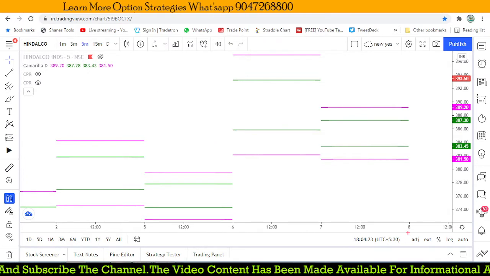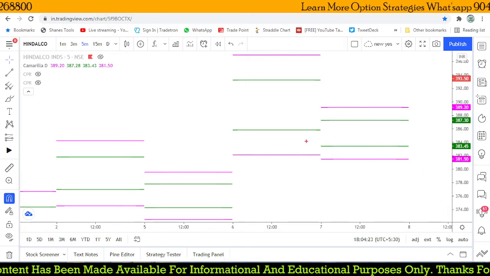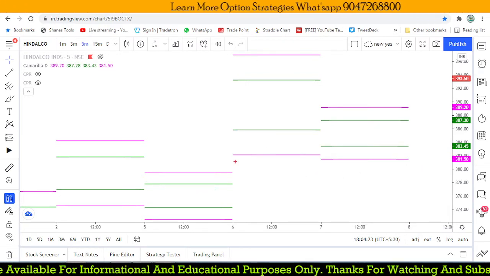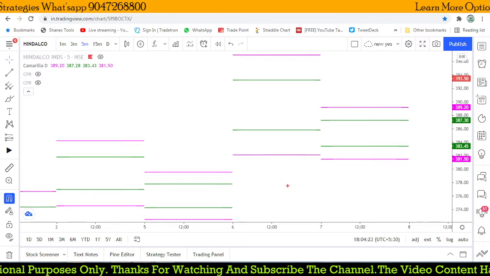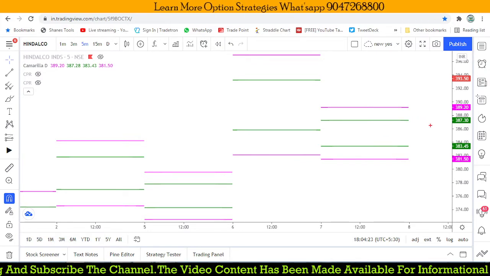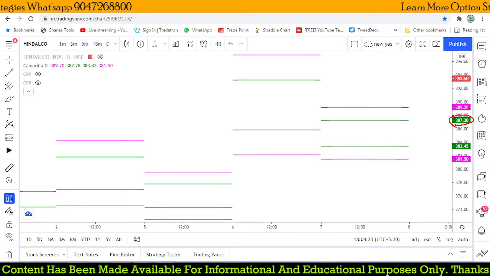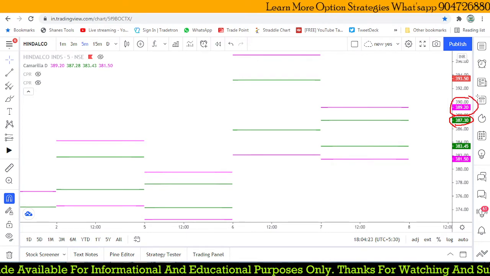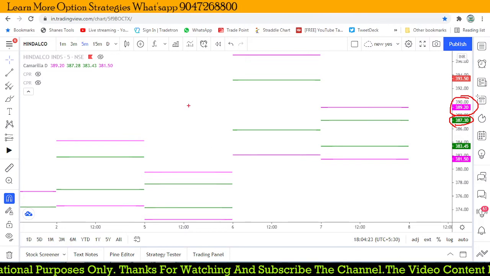But if the market moves against us, what can we do? The risk reward ratio we can take is 1:2. For example, if we take a sell at the 387.3 resistance, 387.3 is the sell entry and 389.2 is our stop loss, so we have around a 2 rupees stop loss.